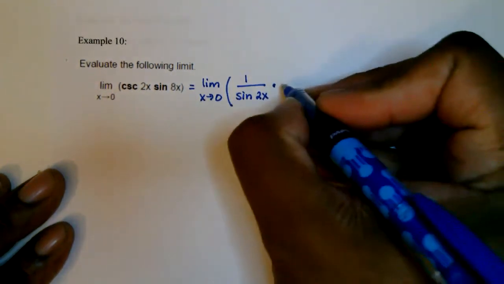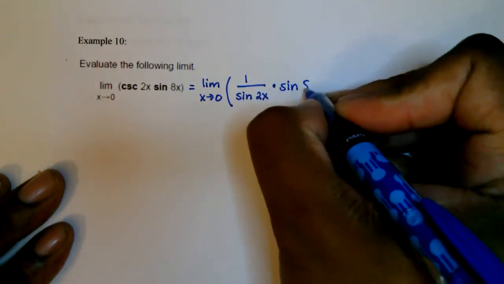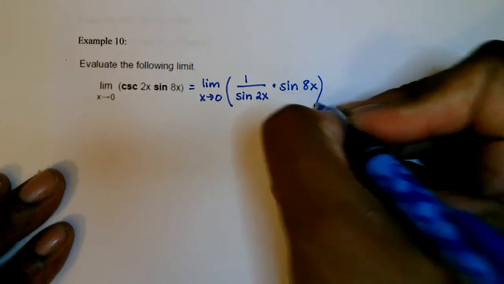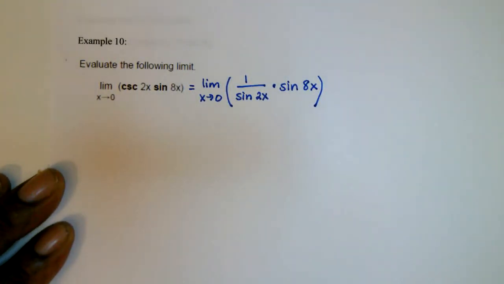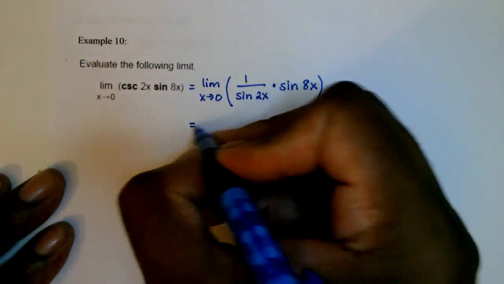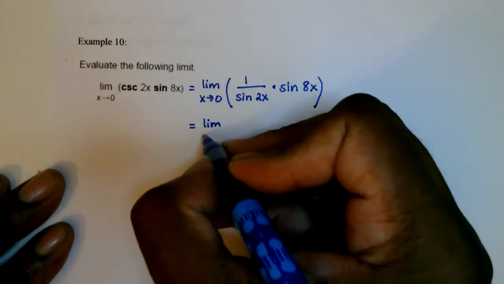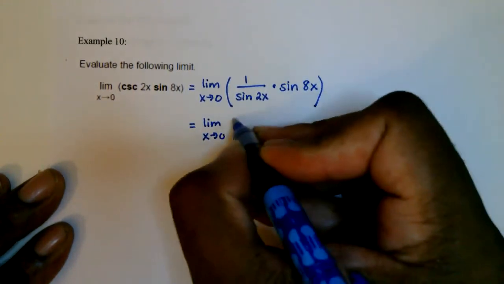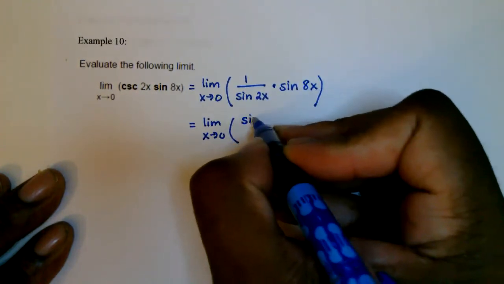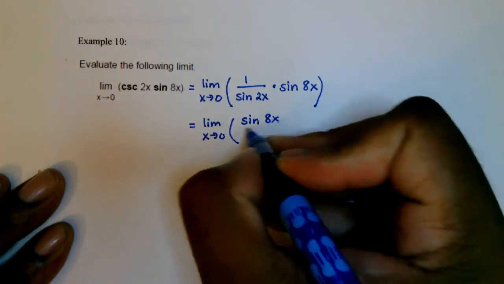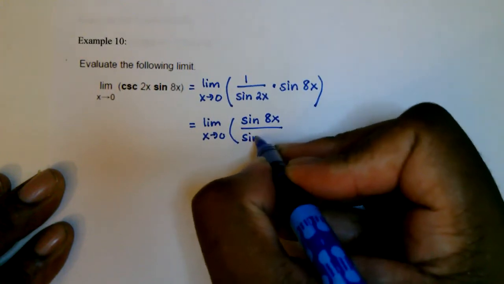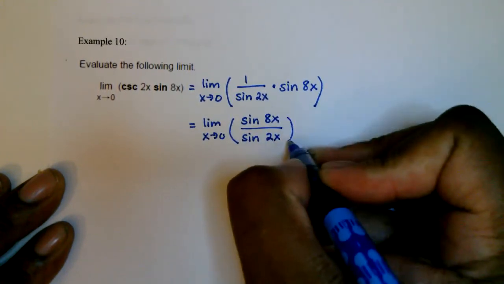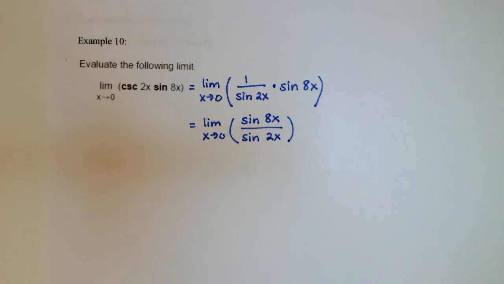And then that's multiplied by the sine of 8x. If I simplify this a bit, you'll see that the limit as x approaches 0 has numerator sine of 8x and denominator sine of 2x. Sine of 0 is 0, so I do have a 0 over 0 situation here. That would mean I need to apply L'Hopital's rule.